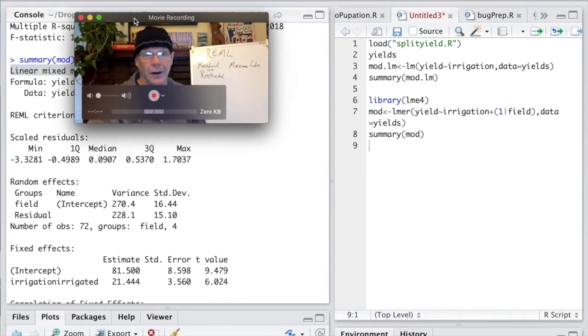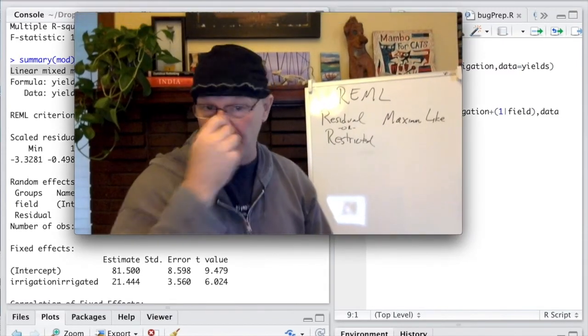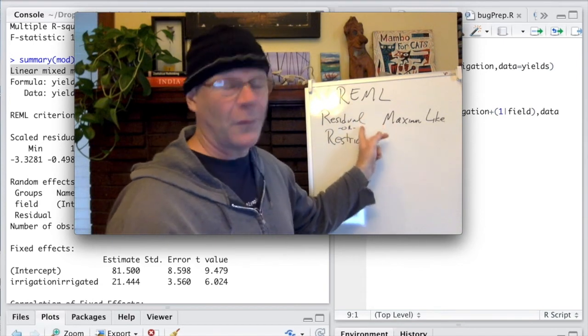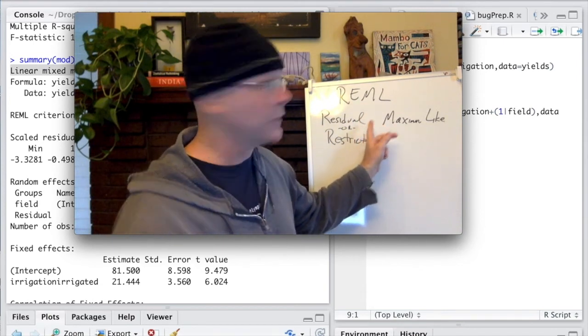Either of those are totally fine terms that we might decide we want to use to describe what REML is. So what is it? That's a good question to start with.